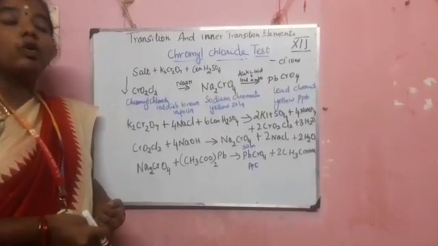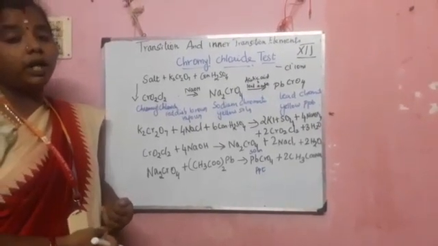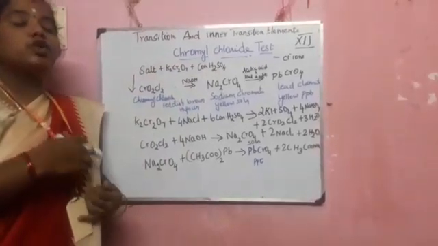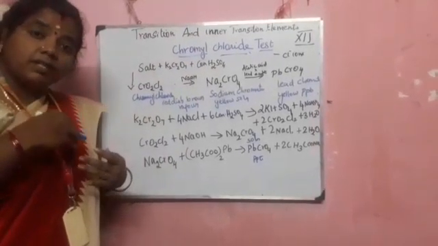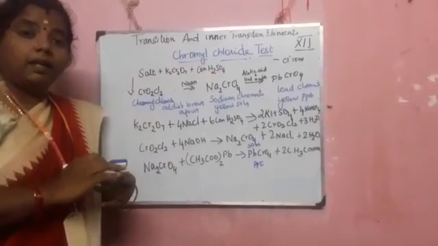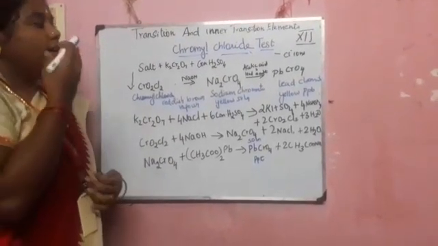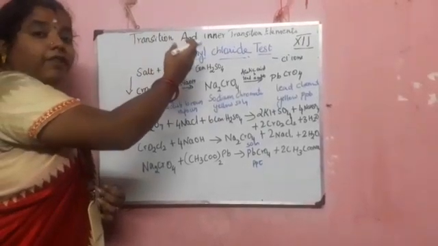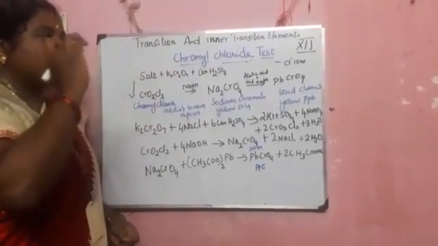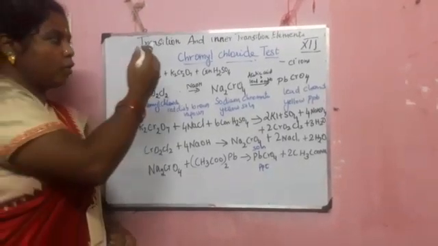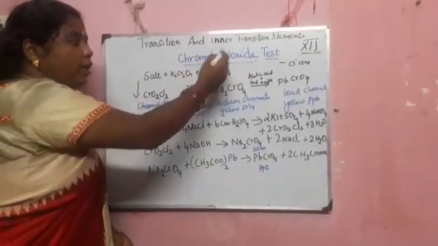For example, chlorides of silver and mercury will not be confirmed by this test, because even though they are metals, they form covalent bonds. That is why they do not give a positive result in this test. Usually the ionic chlorides confirm the chromyl chloride test.